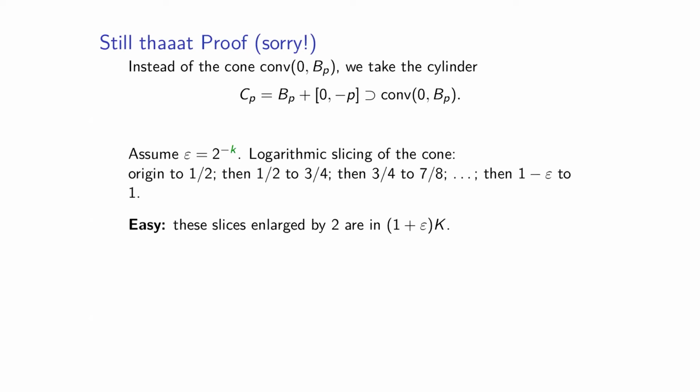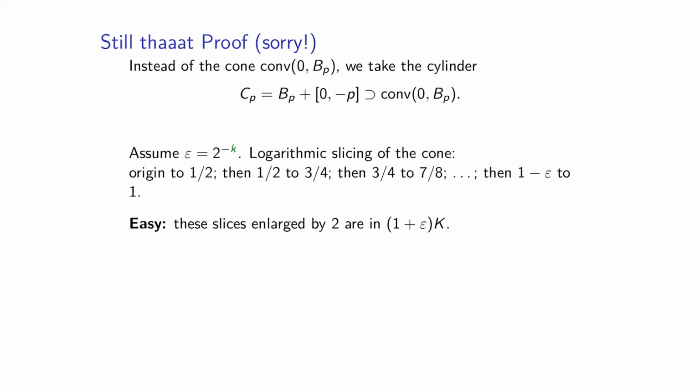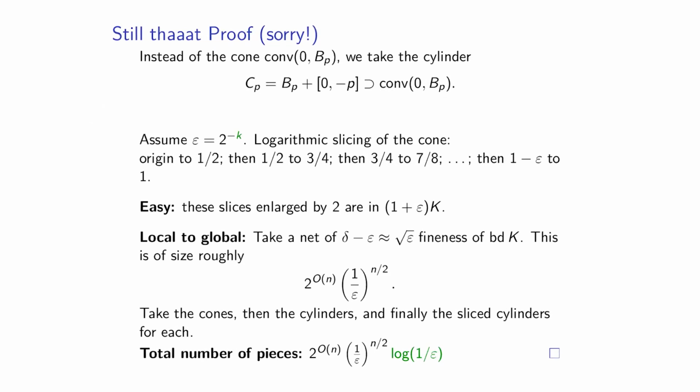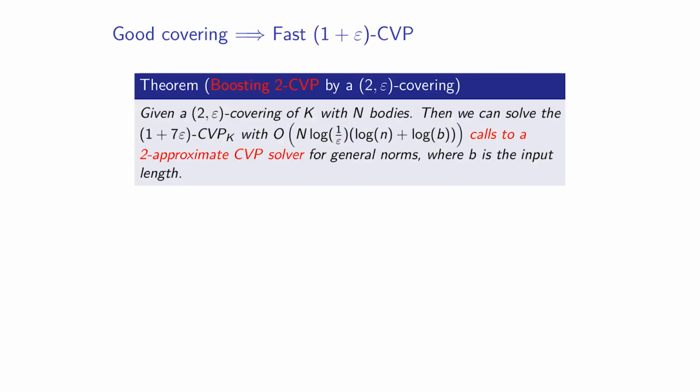And you can see that if you enlarge these slices by a factor of 2, these slices will remain in K. Now let me skip the part on how you extend it from just one point P and its neighborhood to a covering of the whole K. It's a really simple standard argument. And by this, you get a nice 2 epsilon covering of K.